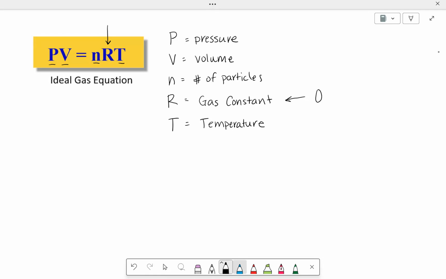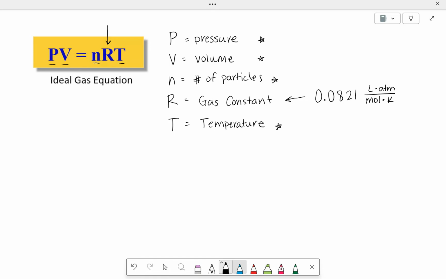And that number that we're going to use is 0.0821. The units for this are kind of crazy because it has to tie in all 4 of these other units, because it's the constant that connects them all. So it's actually going to be liters times atmosphere divided by moles times Kelvin.